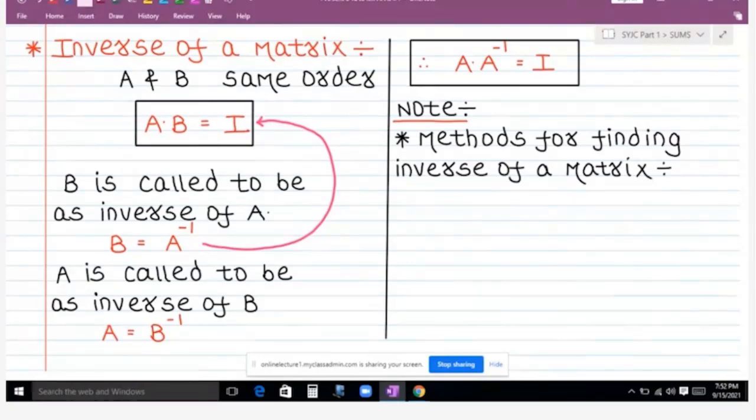Inverse of a matrix. It can be obtained by using the two methods.